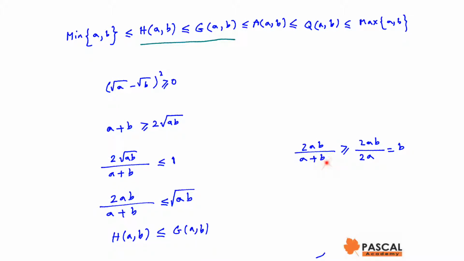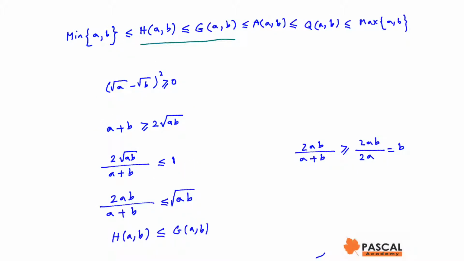A is smaller than B. If we replace B with A, the fraction becomes 2AB over 2A, which is B, and it's smaller than the harmonic mean. This means minimum of A and B is smaller or equal than the harmonic mean of A and B.